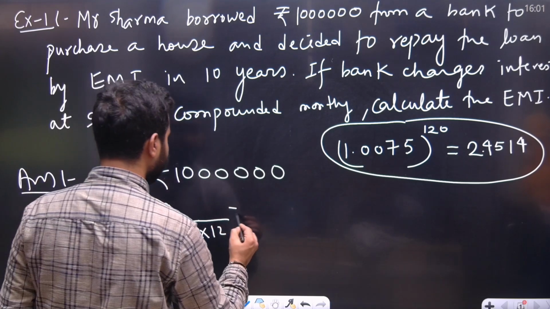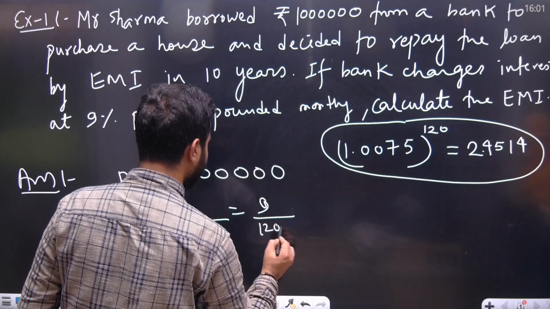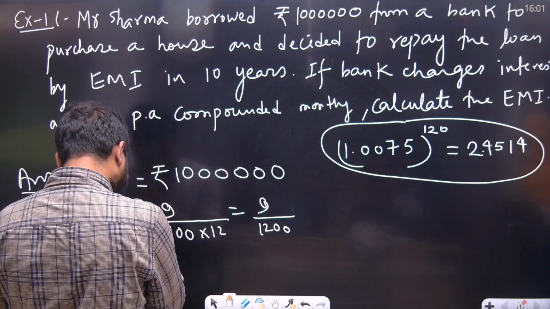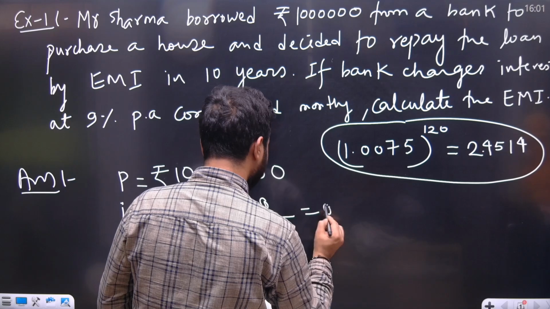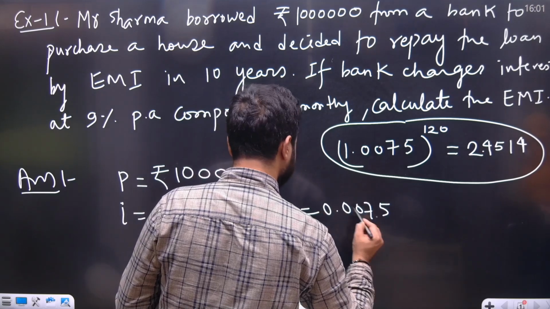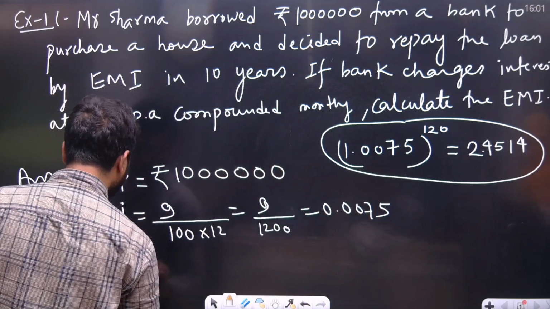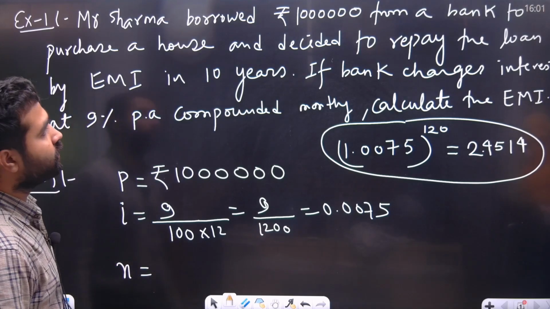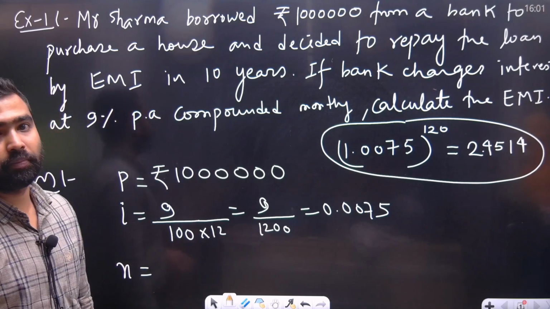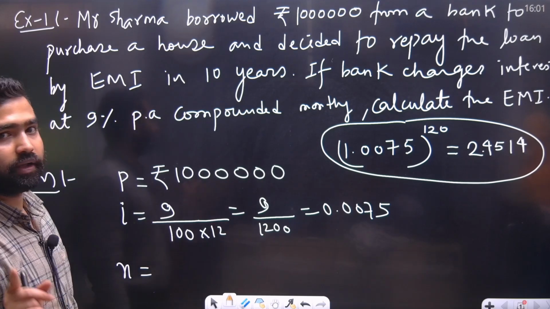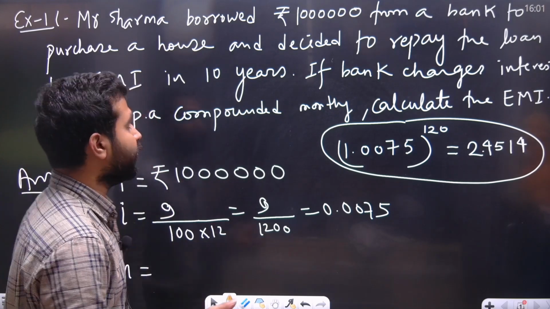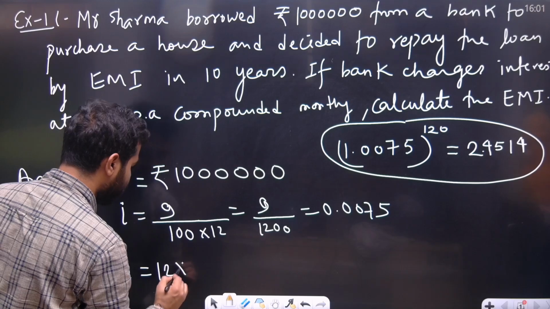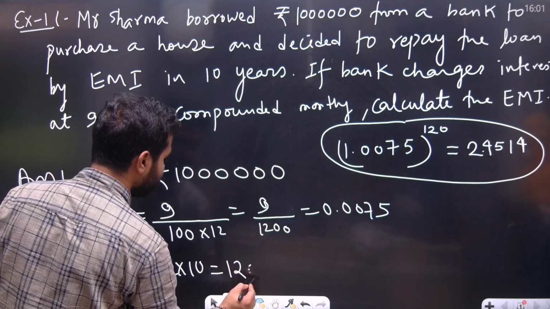Okay, so it is 9 by 1200. When you solve this, you will get 0.0075. N is your number of payments. Number of payments means how many monthly installments he has to pay. In 1 year he has to pay 12 monthly installments, so in 10 years he has to pay 12 multiplied by 10, that is 120 EMIs.